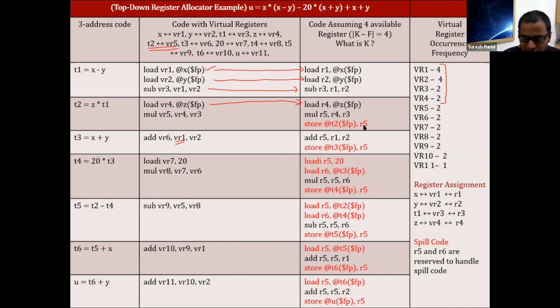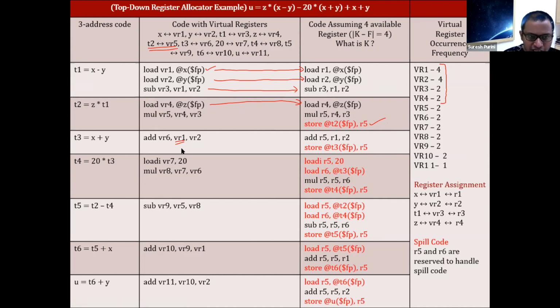The contents of the scratchpad register R5 are then stored in the memory location associated with variable T2. This instruction, which spills data generated in the scratchpad register in the processor to memory, is called spill code. So this is spill code.